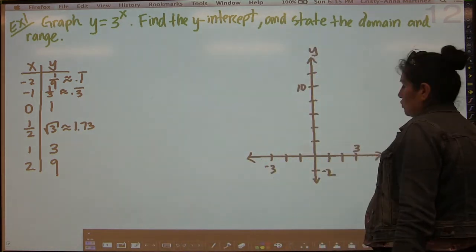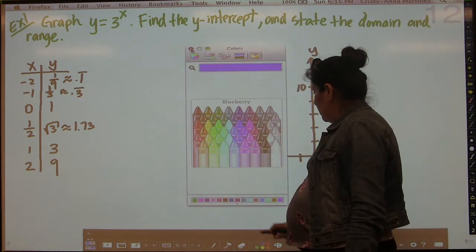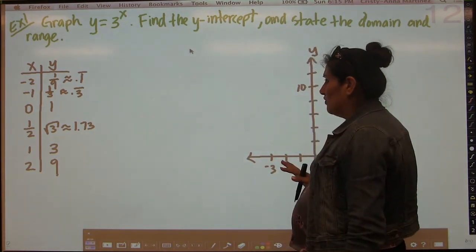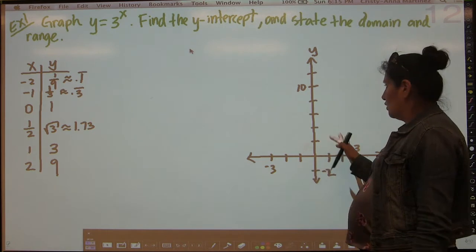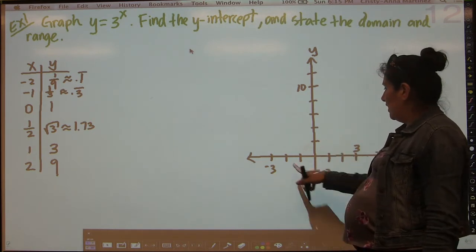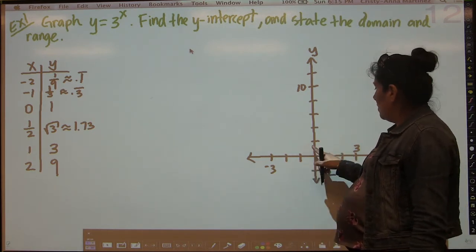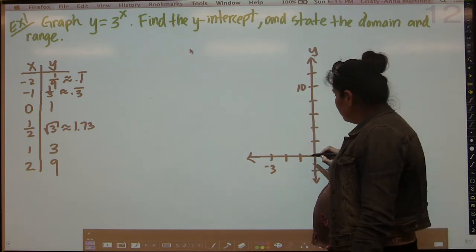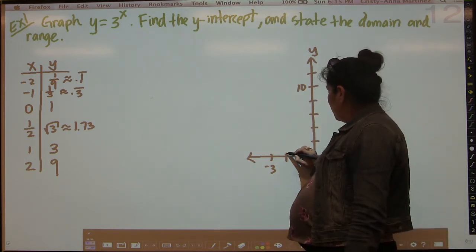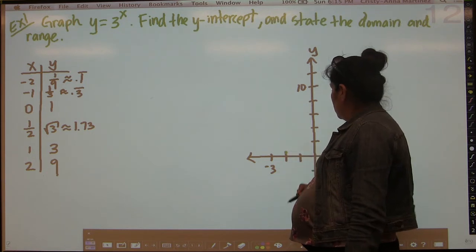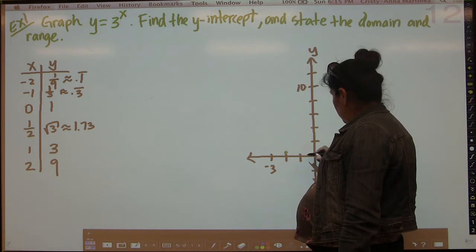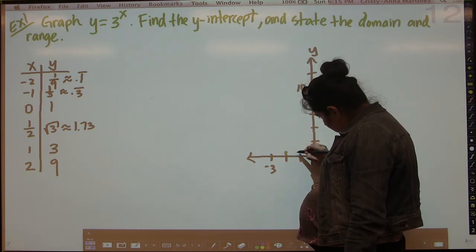And now I want to graph these points. Negative 2 is roughly 0.1. So I have a graph here, and we have negative 2's over here. I'm going by 2's here: 2, 4, 6, 8, 10. So at negative 2, 0.1 is going to be really close down there. Negative 1 is 1/3, so a little bit higher than that one, but not too much.